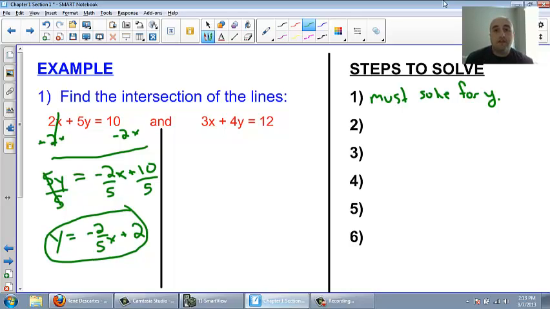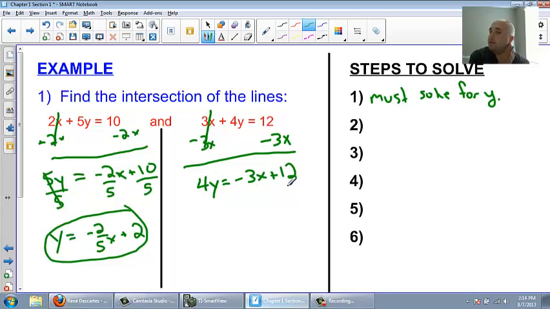Next, we're going to do the other equation. Same exact steps. We're going to subtract 3x from both sides. The 3x's go away. I'm left with 4y equals negative 3x plus 12. I cannot combine those because they're not like terms. And then the last step is to divide everything by 4.